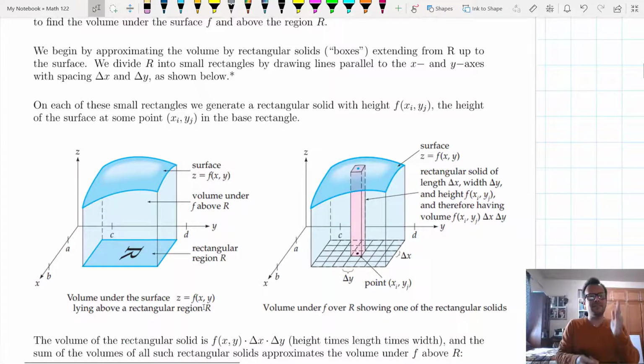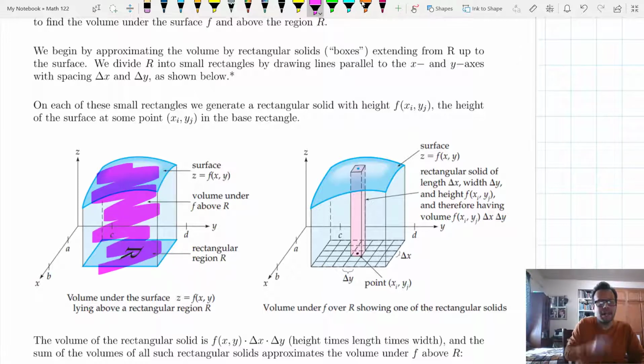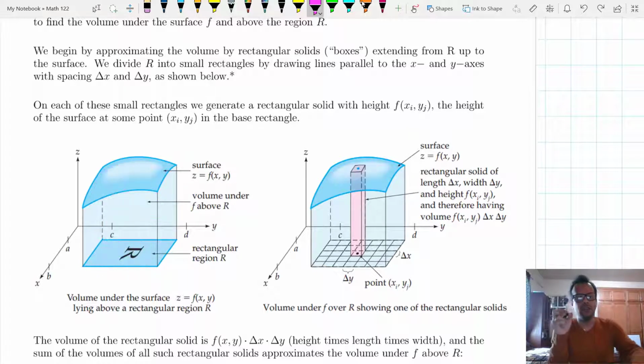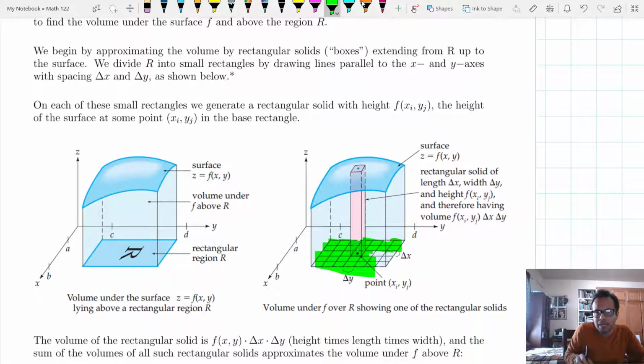In this case, instead of having a plane region, we are going to have a solid region, which is the solid region I'm highlighting here. But now, how are we going to do these partitions? Look at the second picture and notice how the base of the solid is partitioned. See the floor, what I'm highlighting in green? They partitioned the plane into smaller rectangles.